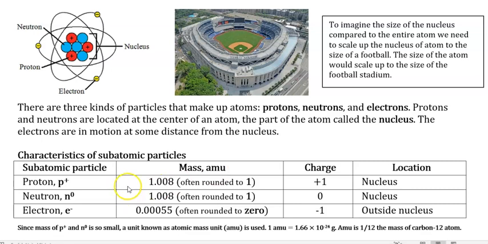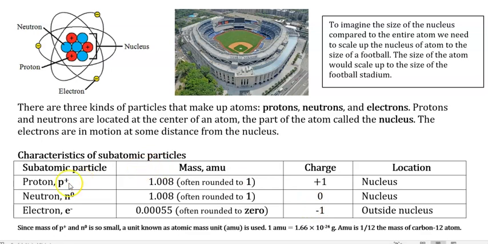So as you can see, the mass of one proton is rounded up to 1, and the mass of one neutron is rounded up to 1 too. So their mass is equal to each other, but the difference is with their charge.